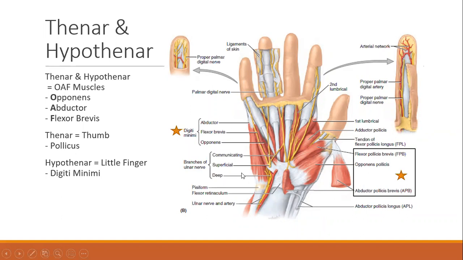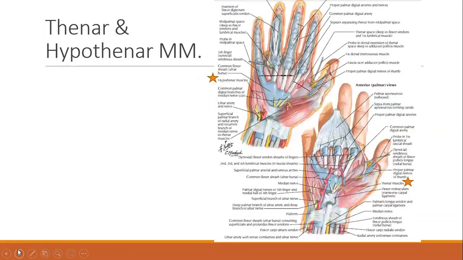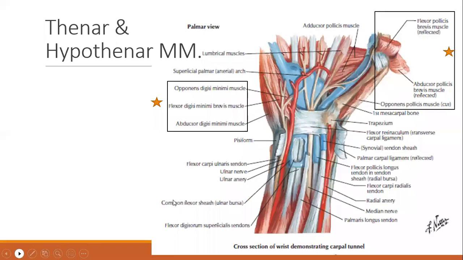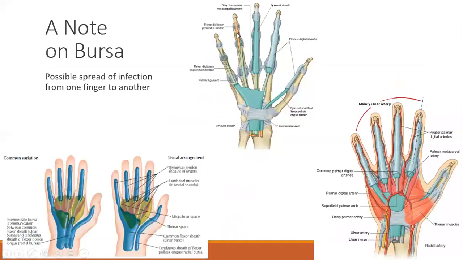So your thenar eminence versus your hypothenar eminence. Hypothenar, little finger, thenar, thumb. All right, and that was the same thing with the bursa.